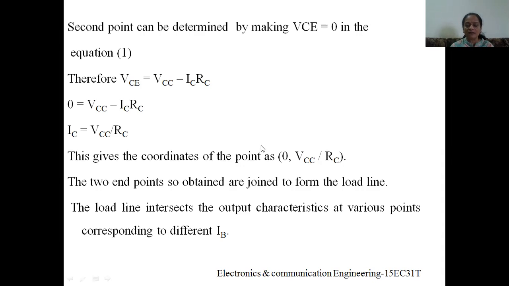To get the first point, IC is made 0, where we get VCE equal to VCC. To get the second point, VCE is made 0, so we get the maximum collector current flowing. When you join this, we get a DC load line. So the DC load line basically represents the DC voltage condition of a transistor.